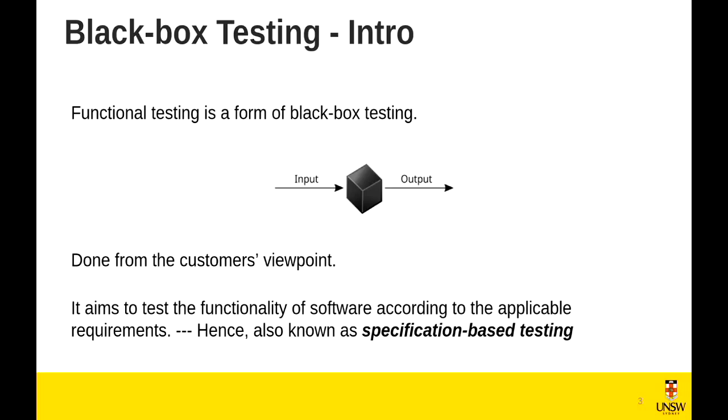So why is black box testing also called functional testing? It's because we aim to test the functionality of the program according to the specifications. So this type of testing is also known as specification-based testing.